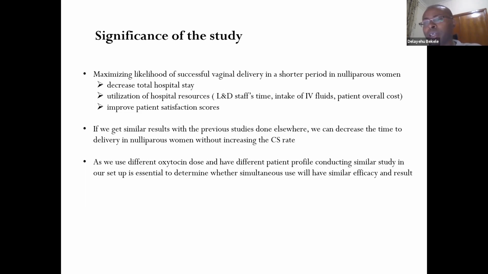So we have done an RCT to assess whether the induction to delivery time is shorter in the simultaneous group as compared to the sequential one in our setup, as we have a different patient profile and we also use a different oxytocin protocol. Doing a similar type of study rather than just adopting the findings from the few RCTs in the West is recommended.